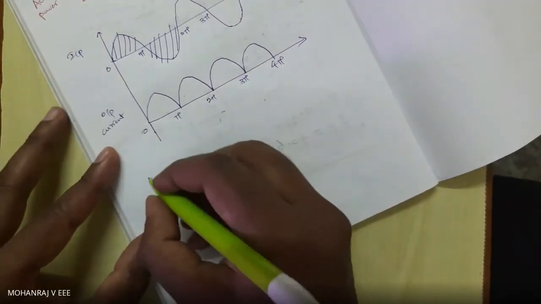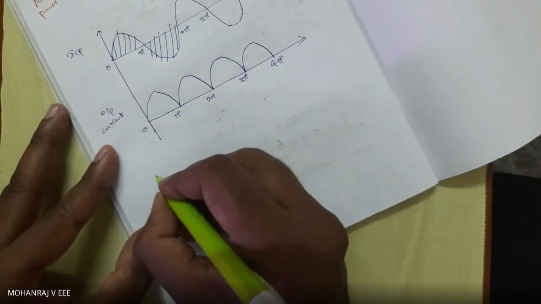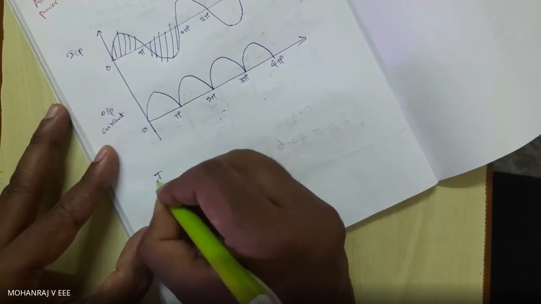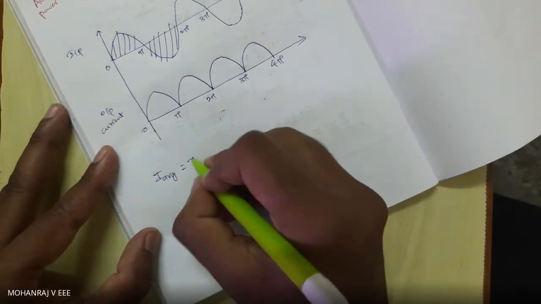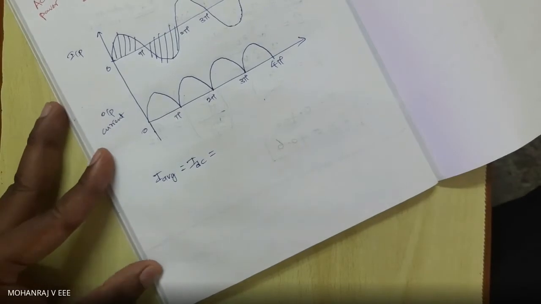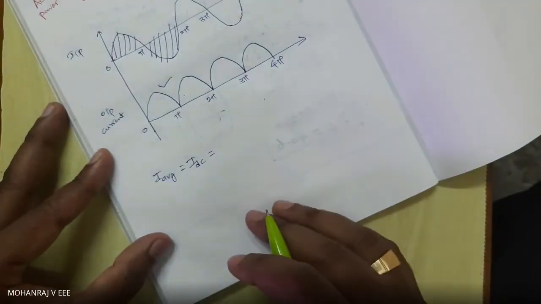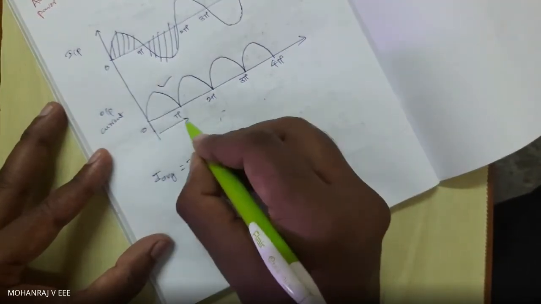Now, what is the average current? Average current of the output, which is equal to IDC, output DC current. So this is my output. Time period is pi.